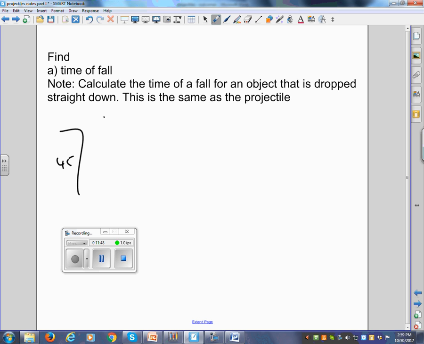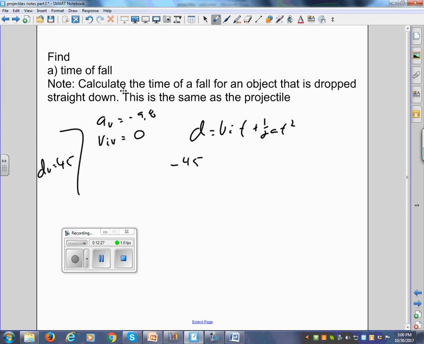What is the vertical acceleration? Negative 9.8. The vertical displacement is 45. What's the VIV? 0, right? So it's a D equals VIT plus a half AT squared question, grade 11 first unit kinematics. The displacement is minus 45, because it's down.